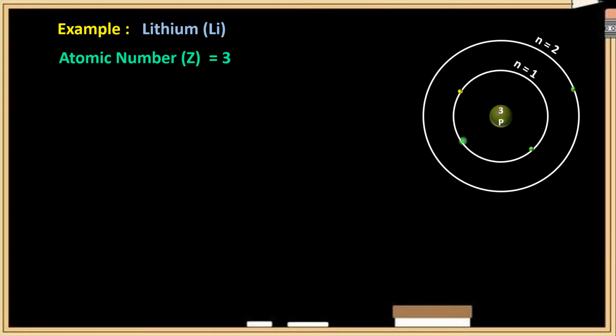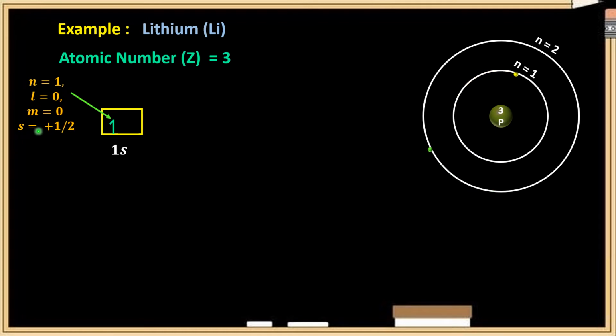Okay, now we have to fill these 3 electrons into the orbitals. 1s orbital. So the first electron enters into 1s orbital, and let us write the 4 quantum numbers for this electron.